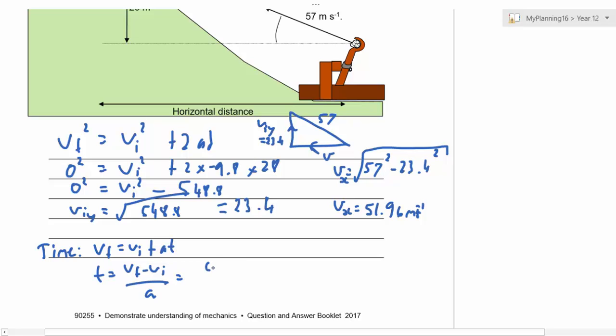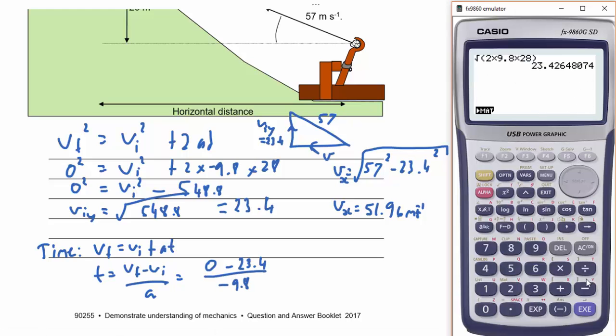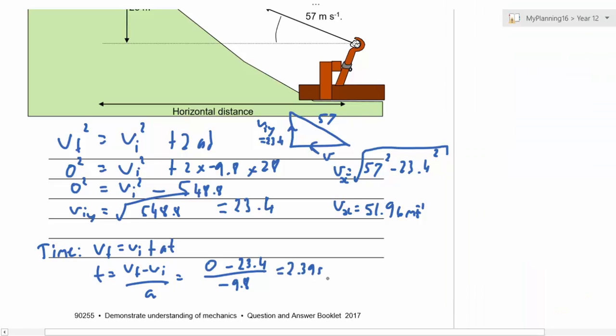So vf, it stops at the top, minus vi. We said that viy was 23.4, and I divide that by minus 9.8. I'm just ignoring the negative signs because negatives cancel. So I get 2.39 seconds. So that's how long it's in the air for.